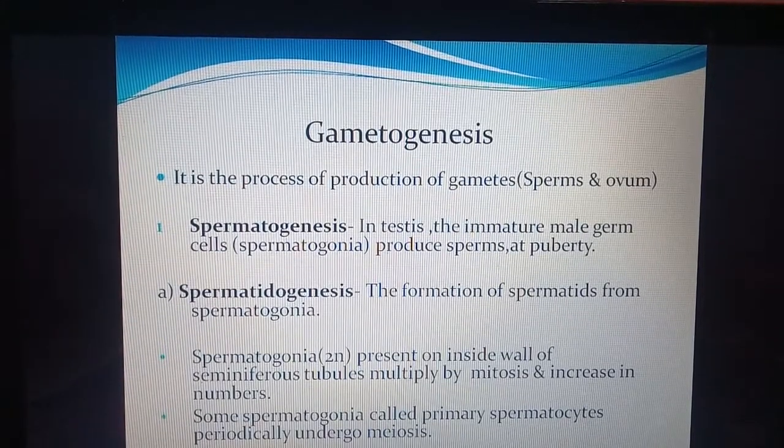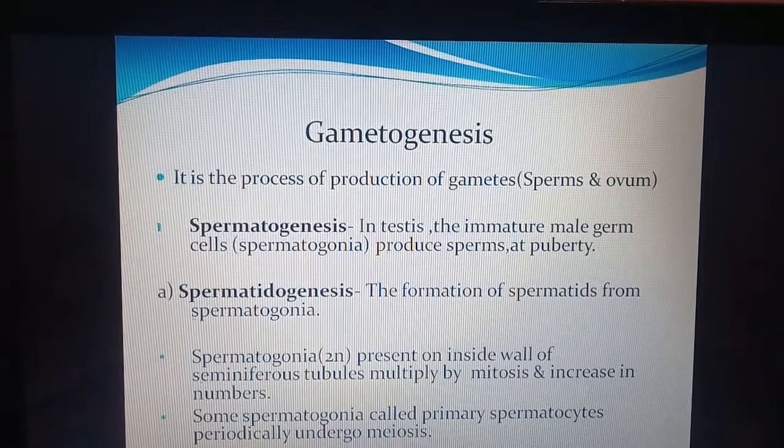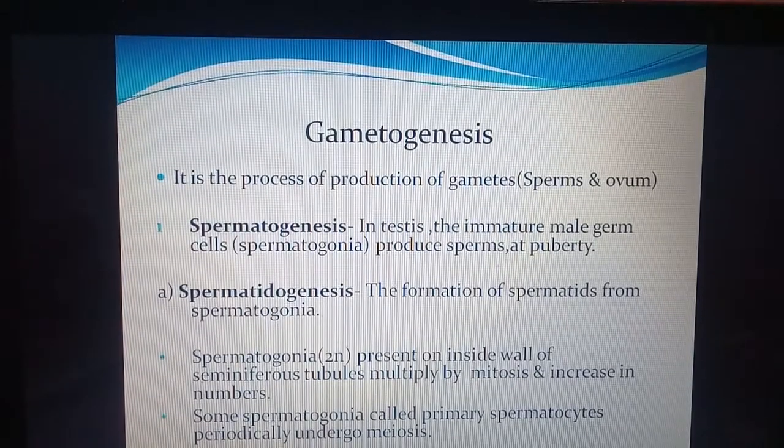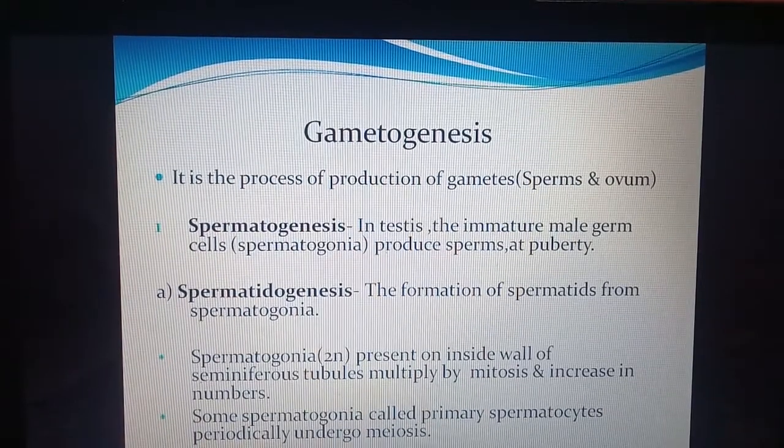Now spermatogenesis involves two main steps. The first is spermatidogenesis, or the formation of spermatids from spermatogonia. The spermatogonia, which are diploid, are present on the inside wall of the seminiferous tubules.